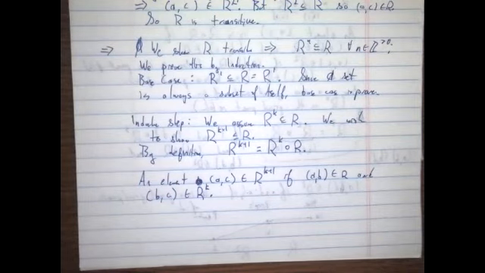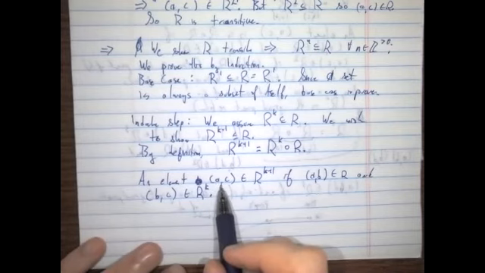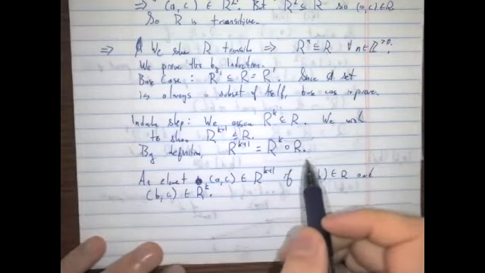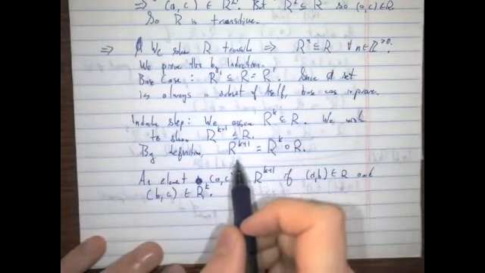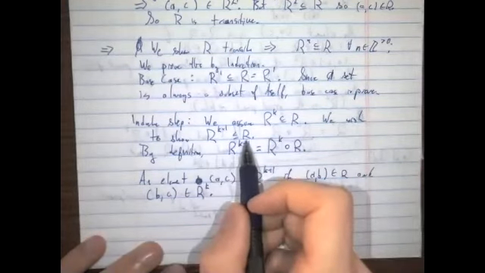Right? And we want to show that (a, c) is inside R, because I want to show that R^(k+1) is a subset of R.